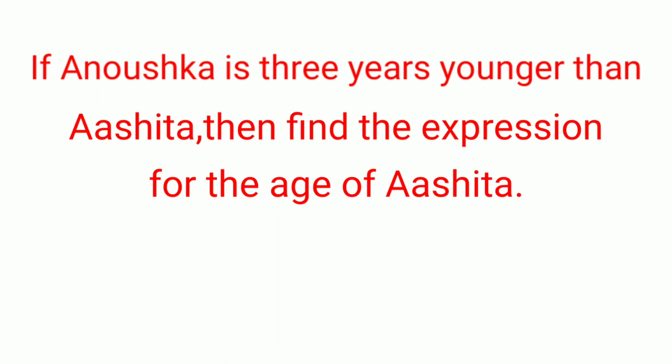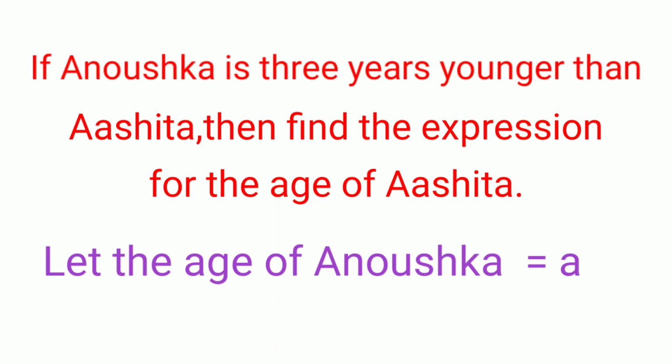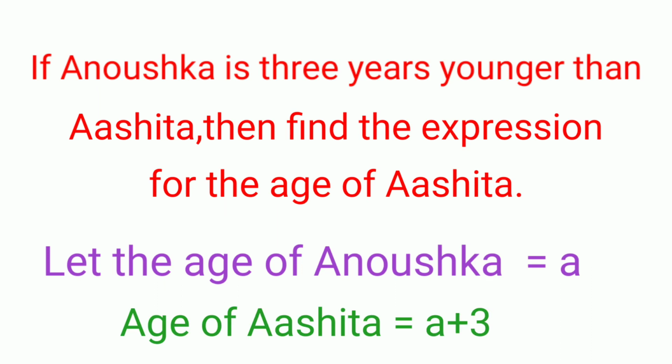So, we have to assume the variable for Anushka's age and let it be small a. So, we write let the age of Anushka be a, then the age of Ashita is 3 years more than Anushka. It means 3 years added to a. See here, the operation of addition is there.